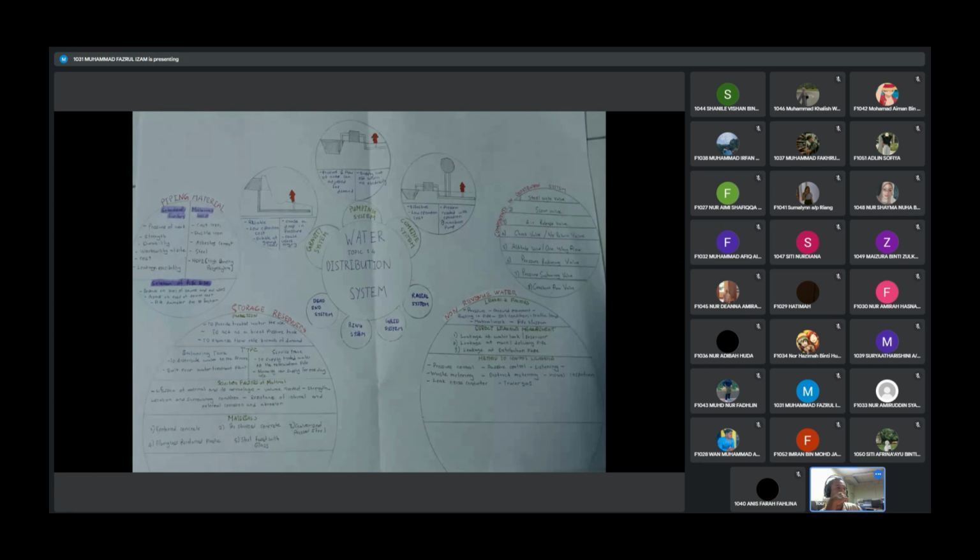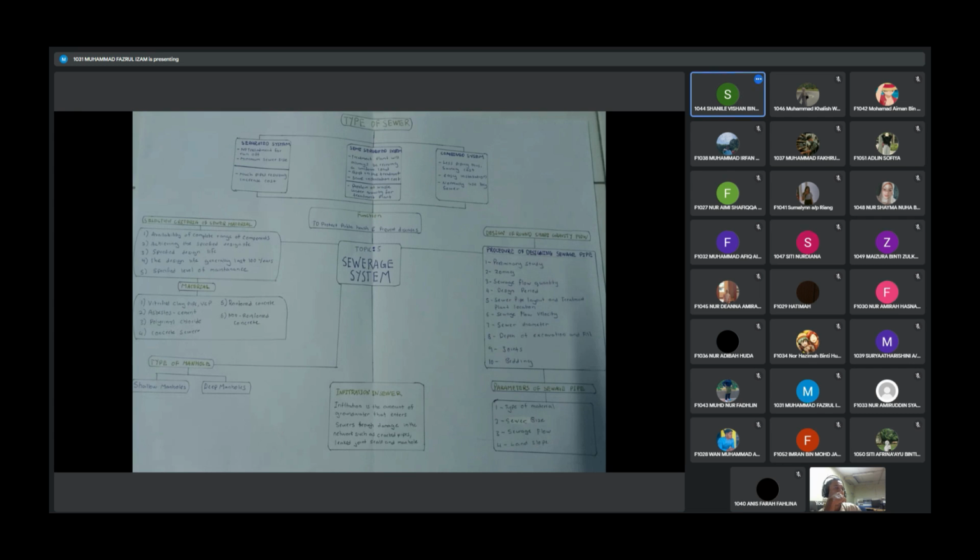Nanti gambar-gambar ni nanti bagi file kat saya lah. Bagi file topik 5. Tak ikut proportion lah kertas ni.